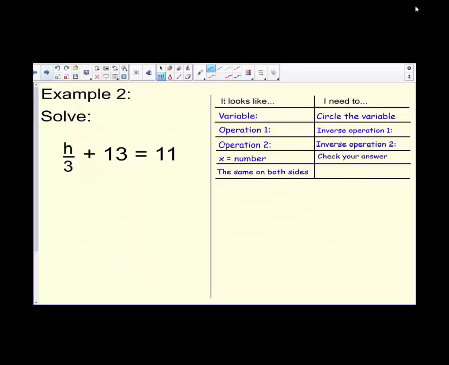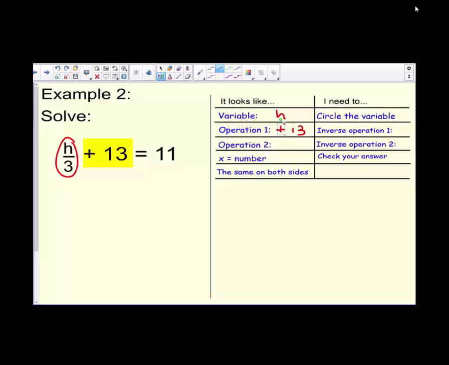Example 2. We start again. We're going to look for the variable, and we're going to circle the variable and everything that's with it. So my variable is h. My first operation is whatever is happening close to h on the same side of the equation. What's happening is that we're adding 13.